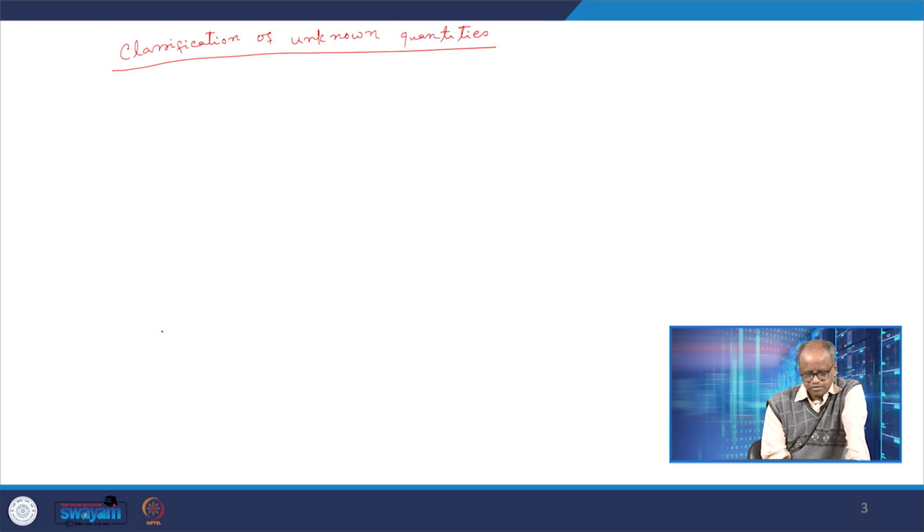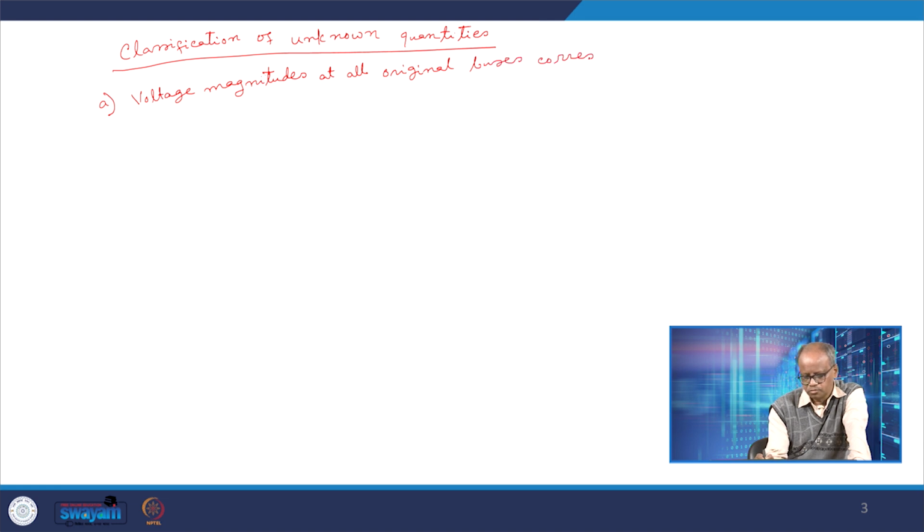So A is voltage magnitudes at all original buses corresponding to all 3 phases, right.